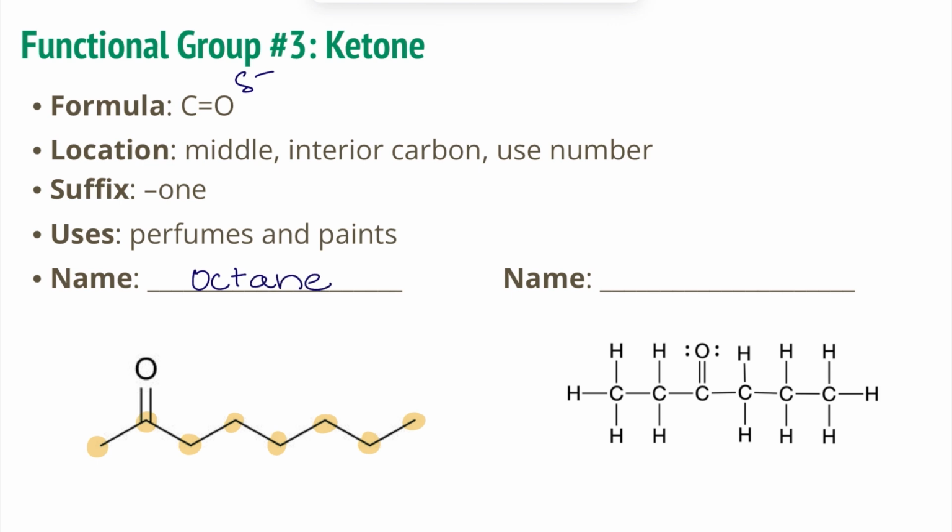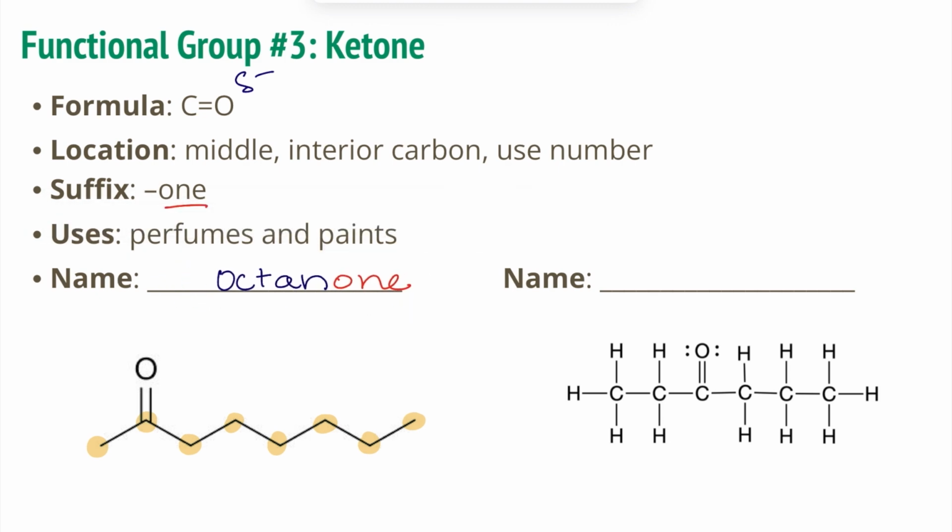Octane would be if that is just a chain of 8. But with this one, we have that oxygen double bonded on a carbon. So we need to get rid of the E ending, and we are going to change that to an ONE. So octanone, which sounds a little funny.